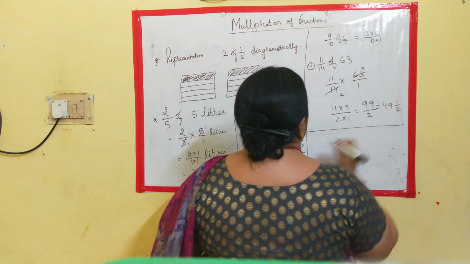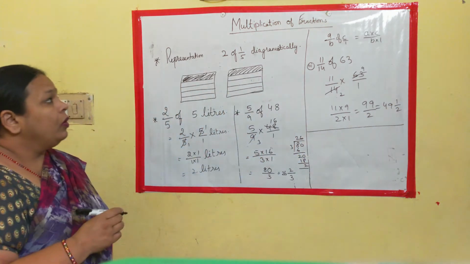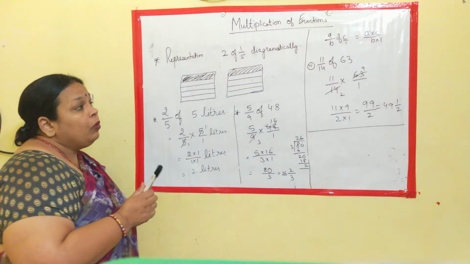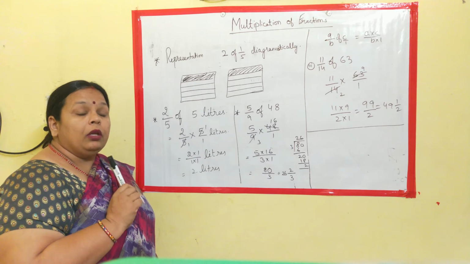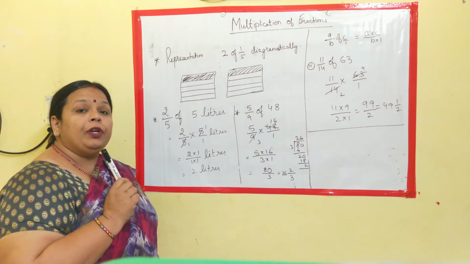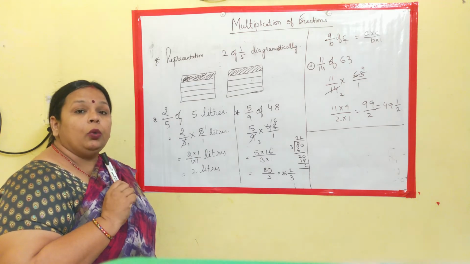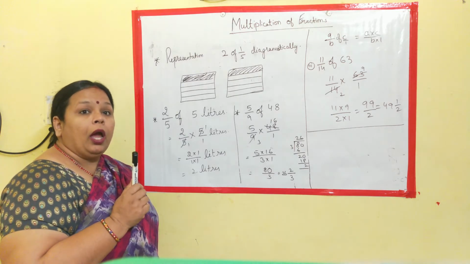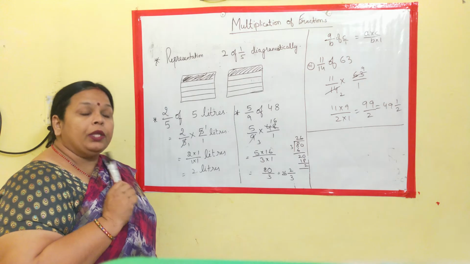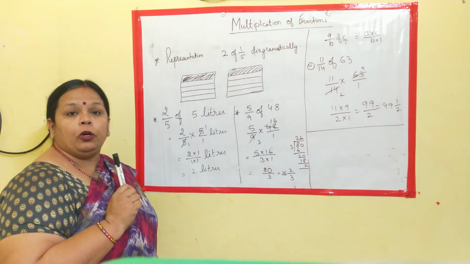So we have seen here a few examples of of. Now we know when we are multiplying fractions, first thing, if it is a mixed fraction, convert it into an improper fraction and check whether any cancellation is possible or not.